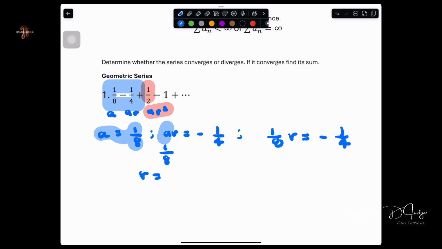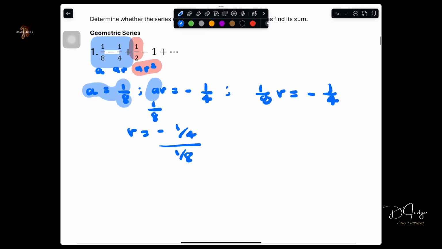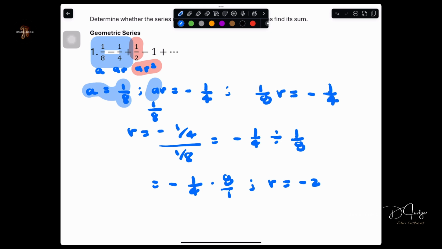Now, divide both sides by 1/8, you get negative 1/4 divided by 1/8, which is really negative 1/4 times 8 over 1. What we're saying now is that R is going to be negative 2.